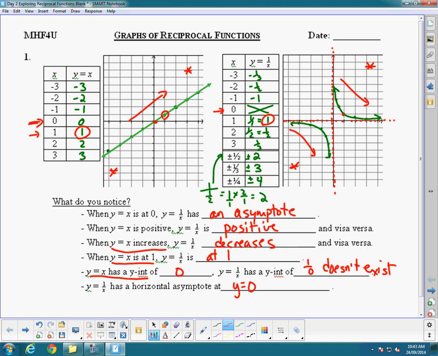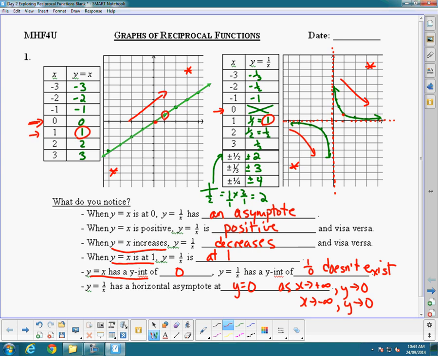Well, as x approaches positive infinity, y approaches 0. Gets really, really close to, but doesn't touch. We know this. We looked at it in the last video. We already knew this before. And of course, the same thing happens in the negative infinity. So it approaches but never touches. That's the definition of an asymptote.